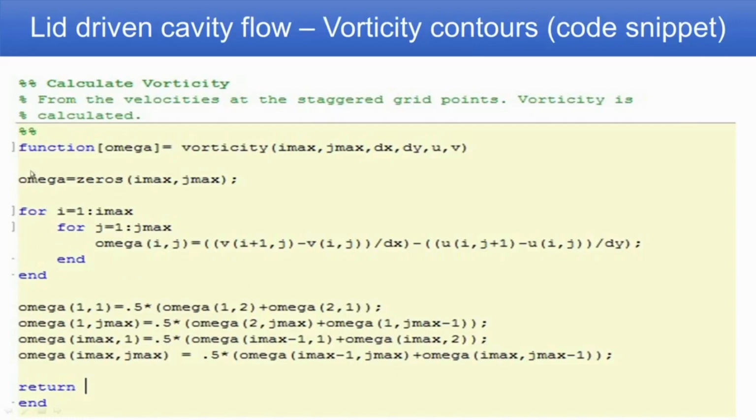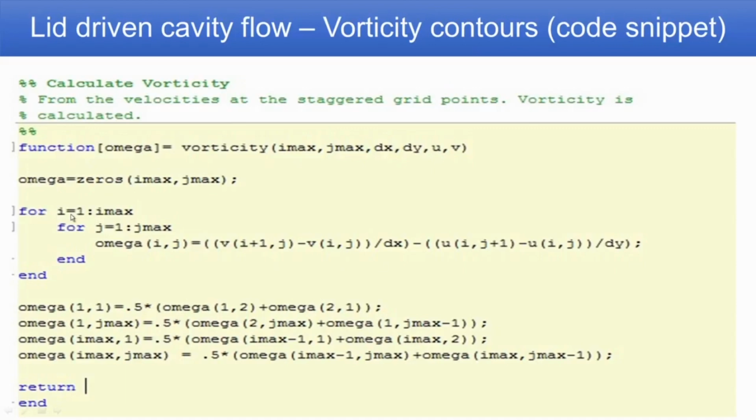So, we have function omega, that is a separate subroutine or function to calculate omega, and you define corresponding arguments of vorticity I max comma j max comma dx comma dy comma u comma v. So, you give the velocity fields u v, you give delta x delta y and I max j max to the function, and it will give you the vorticity. As usual, you initialize the omega array, then you calculate omega as shown here.